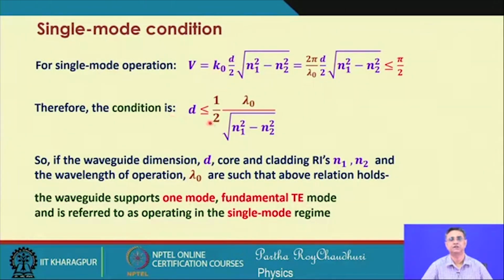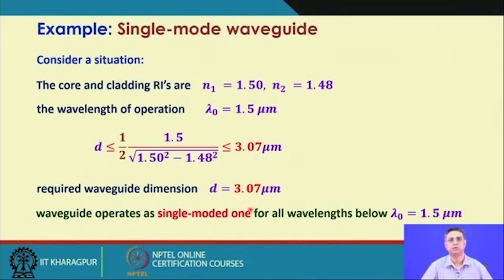Therefore, the condition is D equal to half of lambda 0 over the square root of n 1 square minus n 2 square. If the waveguide dimension, that is core, refractive index and lambda 0 are such that they satisfy this condition, then you automatically take care of the single mode nature of the waveguide. The waveguide supports one fundamental TE mode, and it is referred to as the single mode regime of operation.